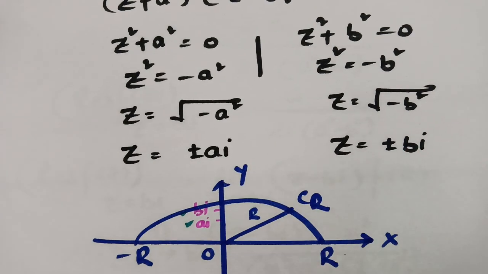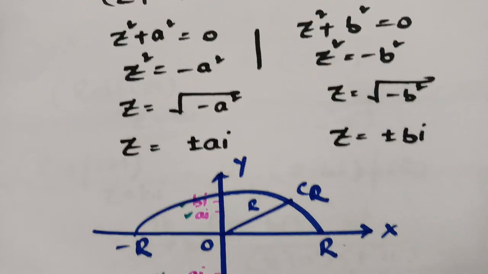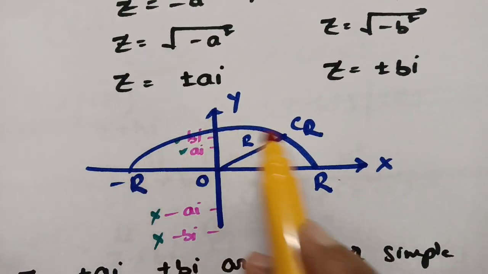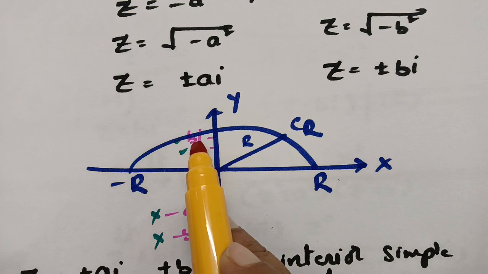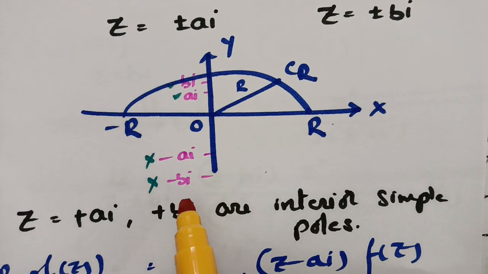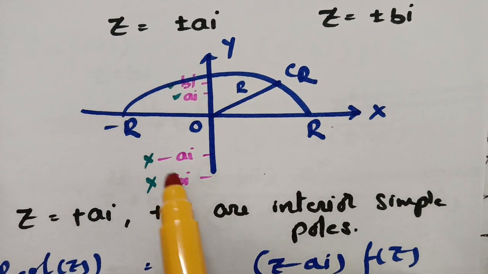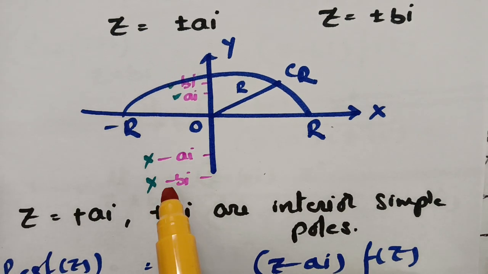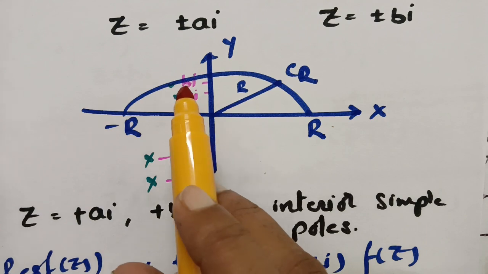So we have to plot whether they are inside or outside the given contour, and this is the contour. The positive values are on the upper half, therefore they are interior poles, and these two are the exterior poles. Therefore, there is no need of finding the residues for these, and we have to find the residues for these two poles.